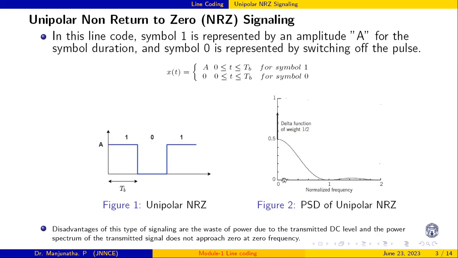The x-axis is the normalized frequency, starting from 0, 1, 2, and the y-axis is the magnitude of the power. We observe that at 0 frequency, it has a DC component. Disadvantages of this type of signaling are the waste of power due to the transmitted DC level, and the power spectrum of the transmitted signal does not approach 0. It will be fluctuating here.